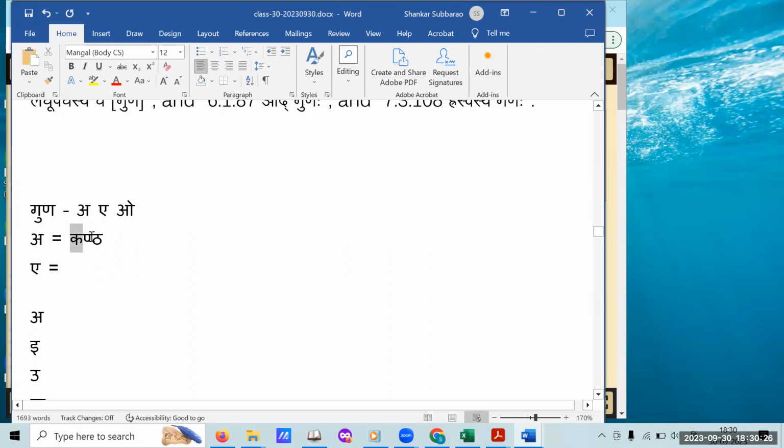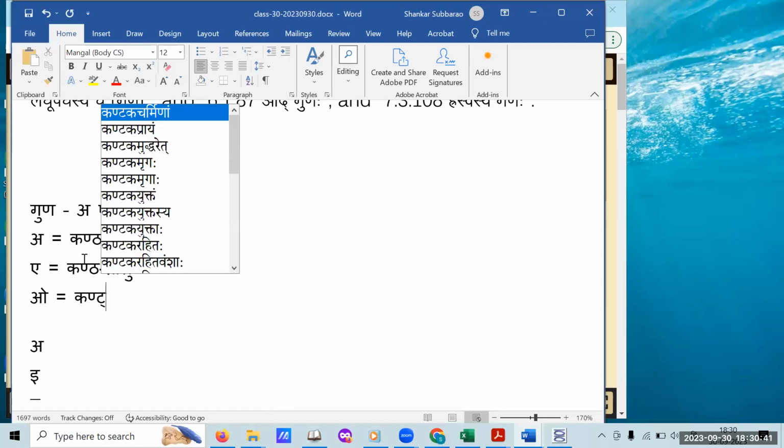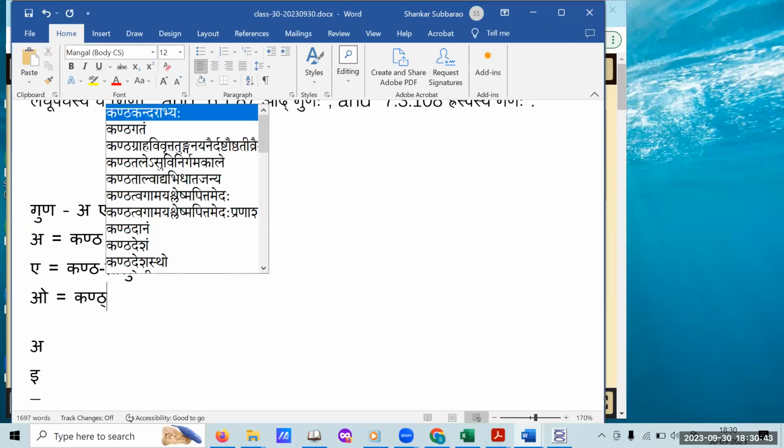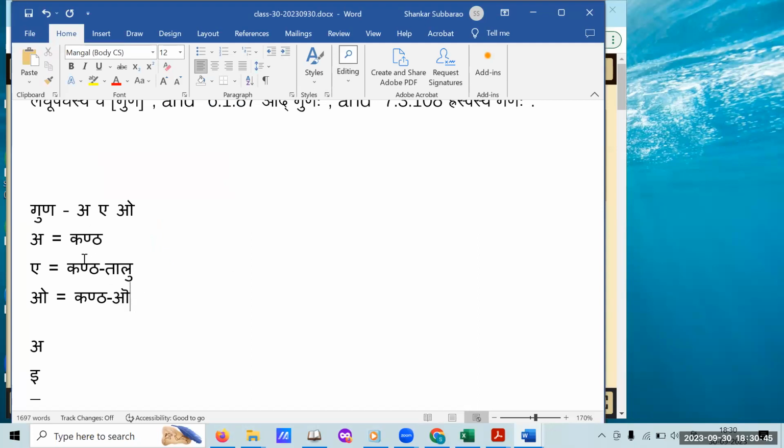Kantha talu. Correct. Kantha talu, what does it mean? Kantha along with talu. This should be in your head, otherwise you will be in trouble. What is the sthana for O? Kanthostham. Kantha and Oshtha, both. Correct? This much is clear?